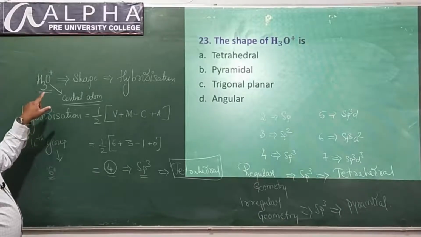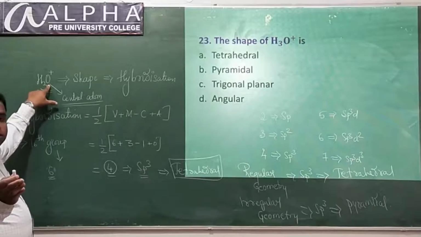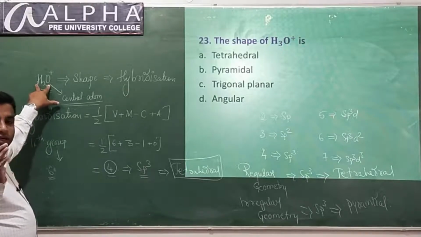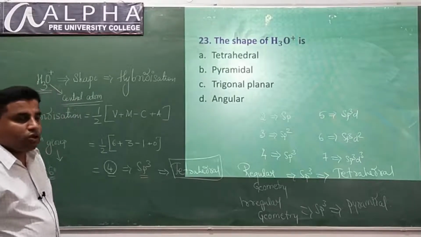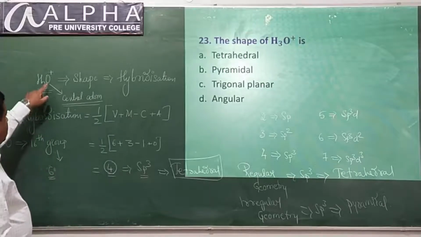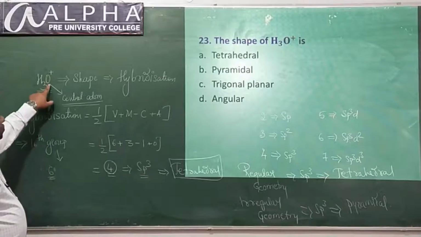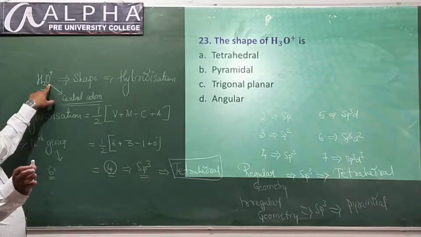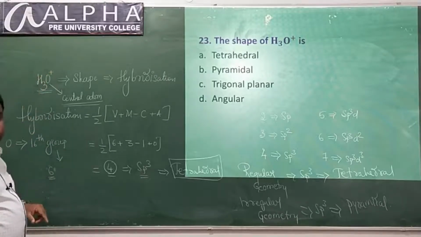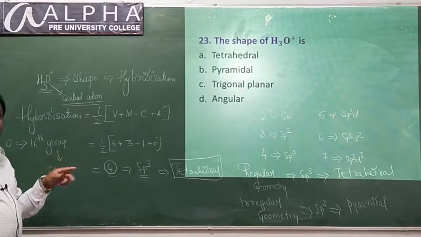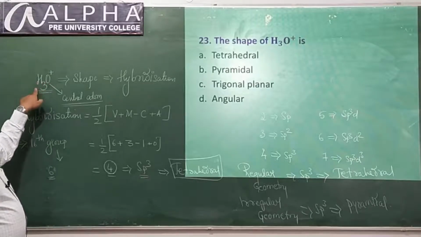Out of 6 valence electrons, oxygen has used 4 valence electrons to form bonds with 3 hydrogen atoms, hence there is one positive charge. That means 2 valence electrons remain as a lone pair. Do you agree with my point? Hence, oxygen has both lone pair as well as bond pair.